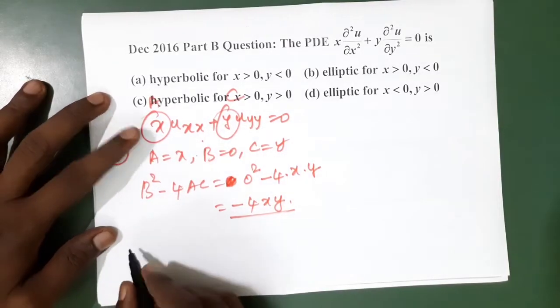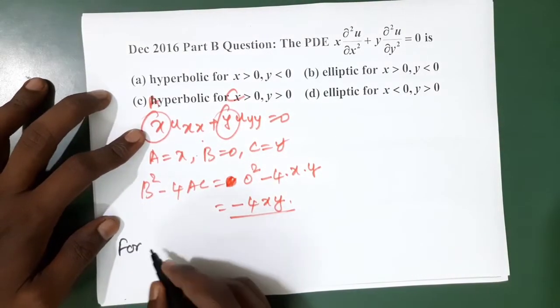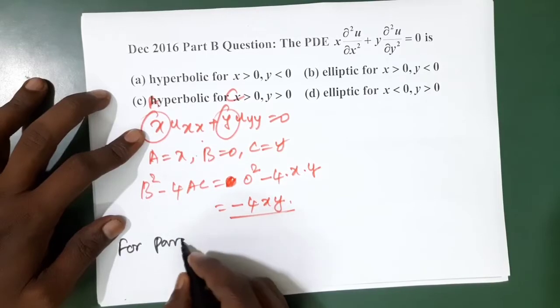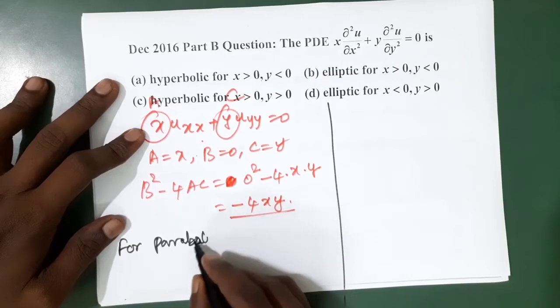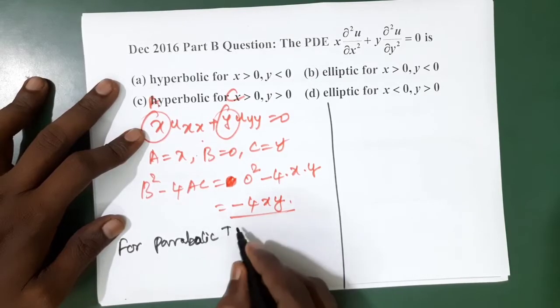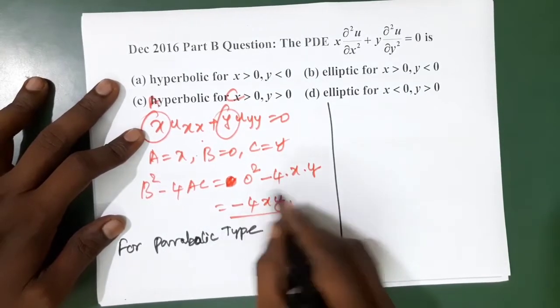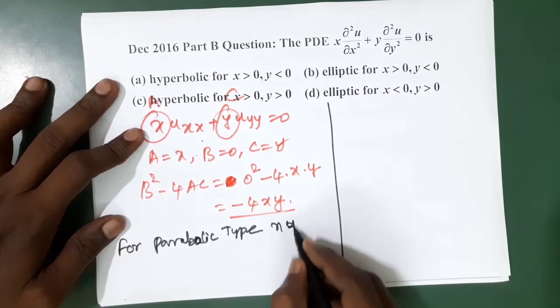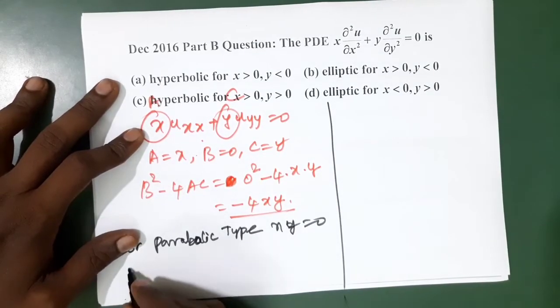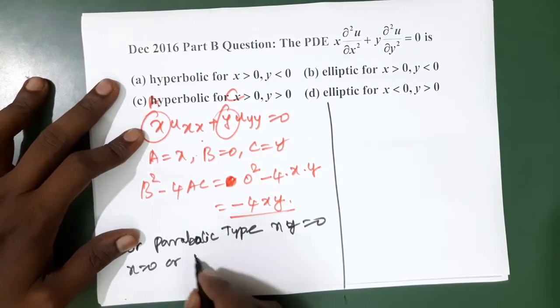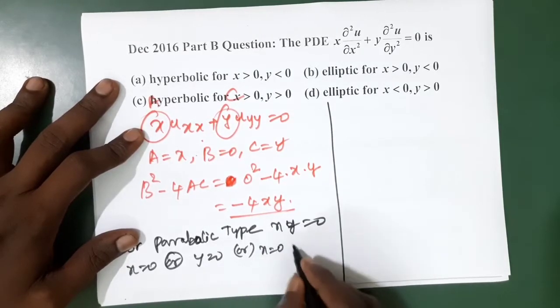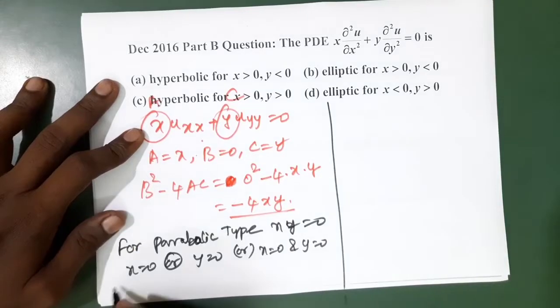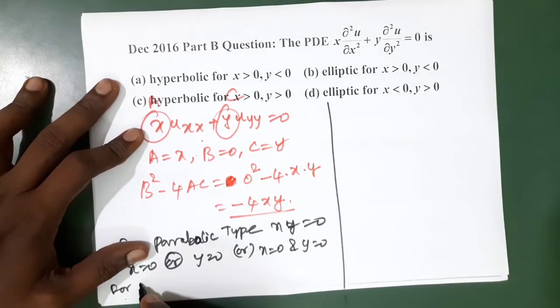Now for parabolic, what is the condition for parabolic type? This should be 0. That is xy should be 0. This is x equal to 0 or y equal to 0 or x equal to 0 and y equal to 0. So what is it for hyperbolic type?